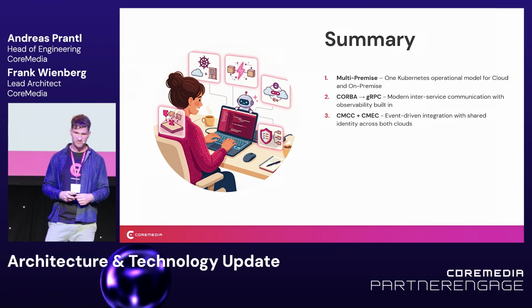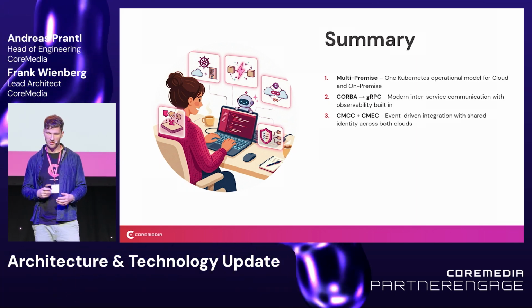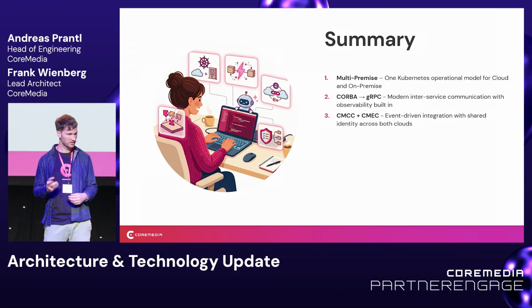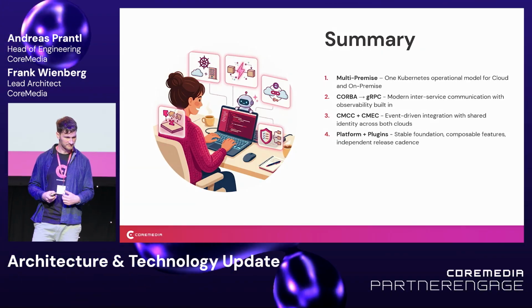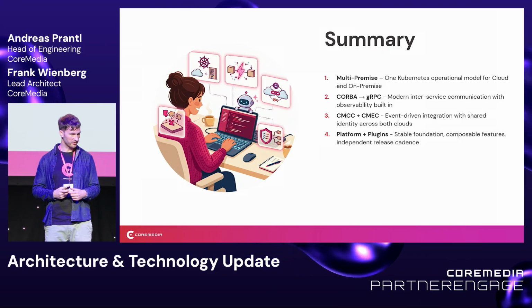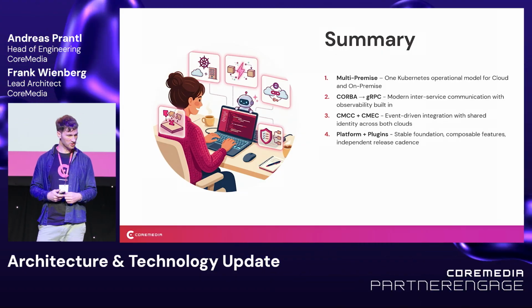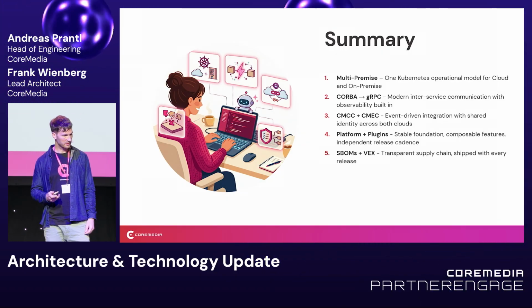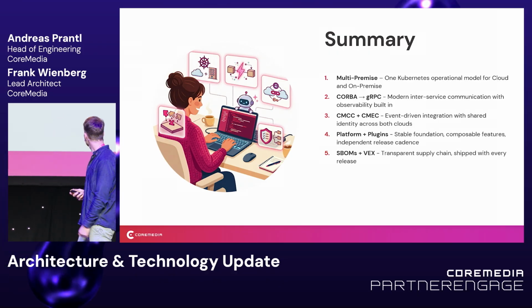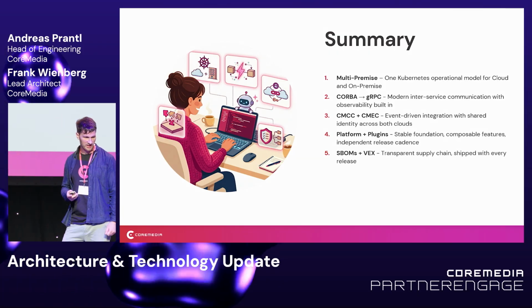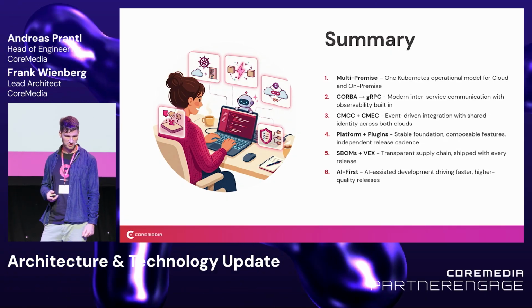We now have a deep event-driven integration with Content and Engagement Cloud. Platforms and plugins are there to further reduce the upgrade burden and speed up feature adoption in the future. And I gave you a quick update on our supply chain security efforts and our AI-first adoption journey.